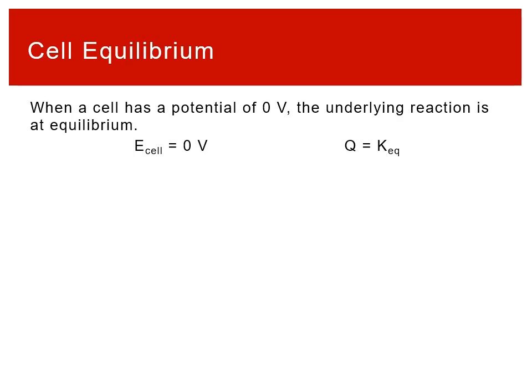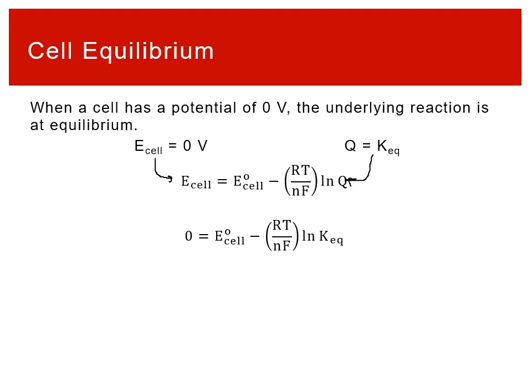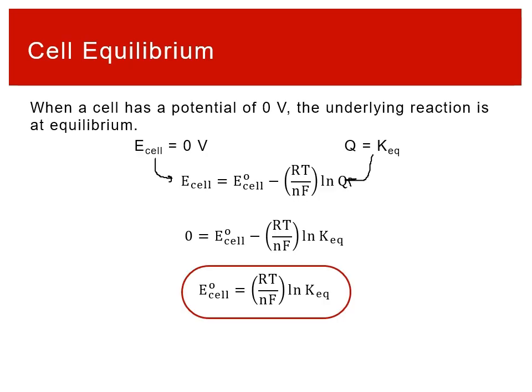So if we take these two statements, we can take our Nernst equation and do some substitutions. We can say the cell potential is 0 and that the reaction quotient is our equilibrium constant. We can plug those in and then do some rearrangement. And we can see there is a direct relationship between the standard cell potential and the reaction equilibrium constant.